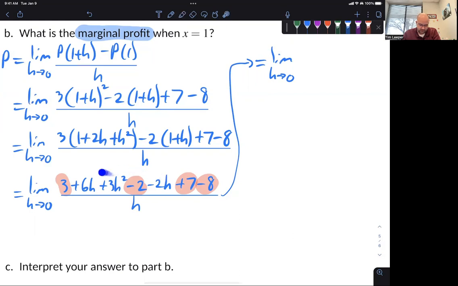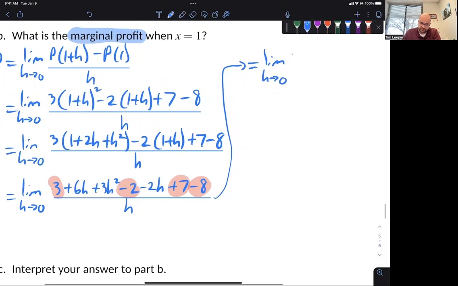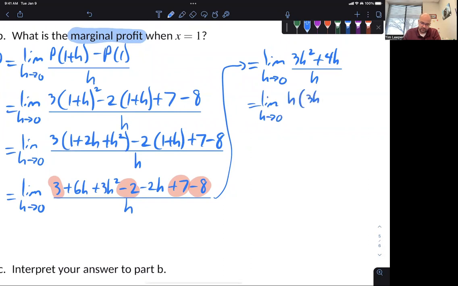So I'm just left with terms with H's in the numerator. So we have the 3H squared there. And then 6H minus 2H is a positive 4H. And then all over H. Now notice that I can factor out the H in the numerator. That will give me the limit as H approaches 0 of H times 3H plus 4, all over H there.